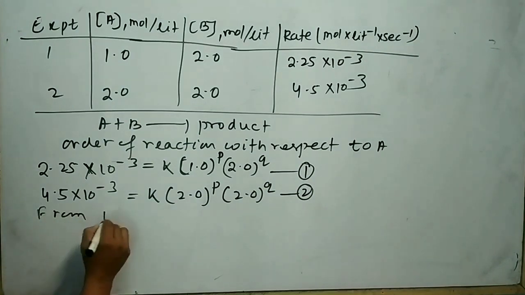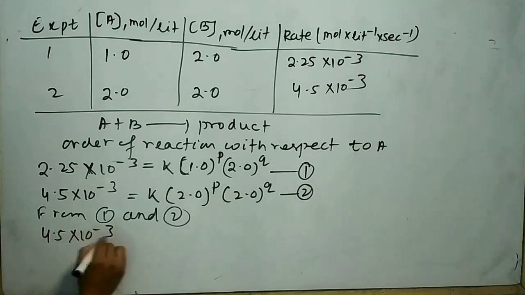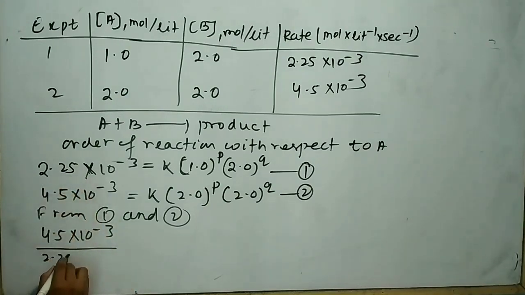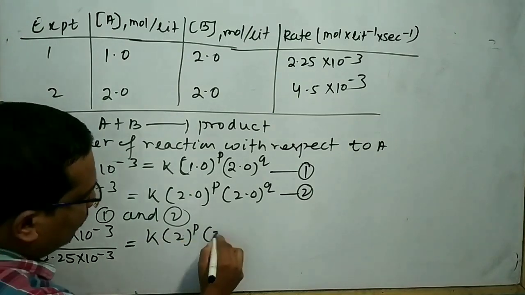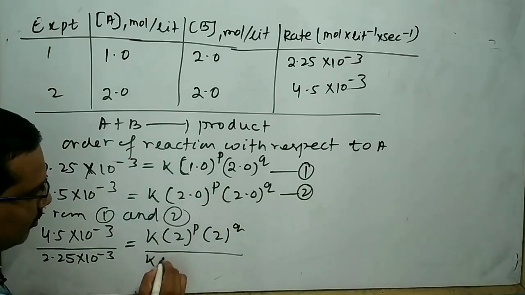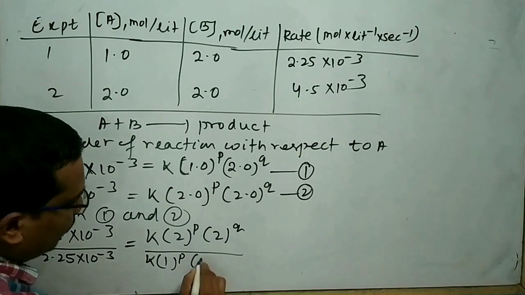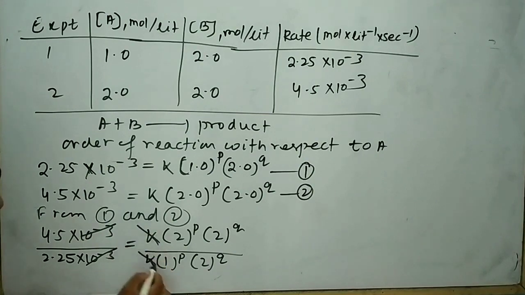From equation 1 and 2, I can write 4.5 into 10 to the minus 3 divided by 2.25 into 10 to the minus 3, which is equal to K into 2 to the P into 2 to the Q divided by K into 1 to the power P into 2 to the power Q. Now cancel the common terms.